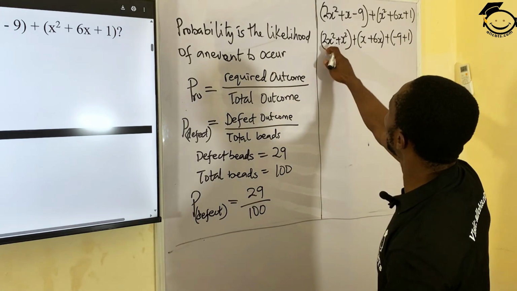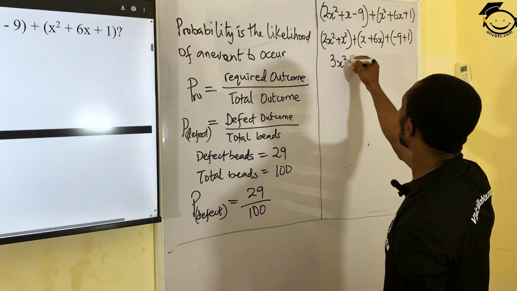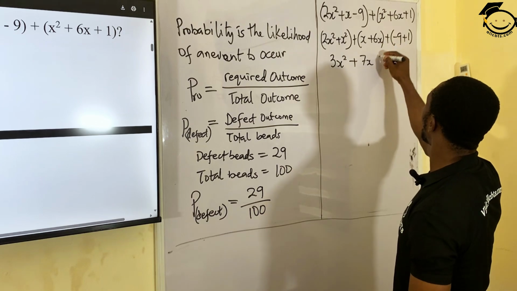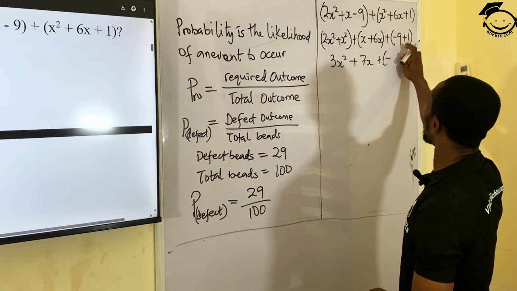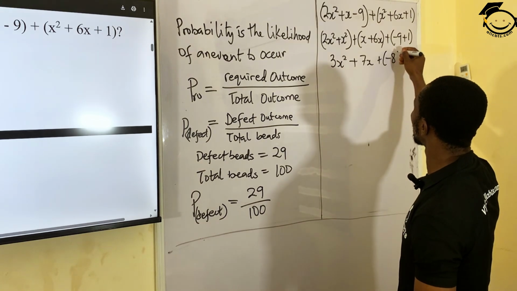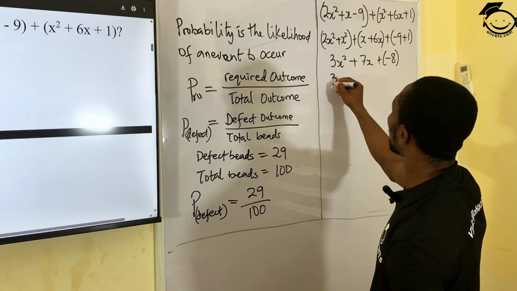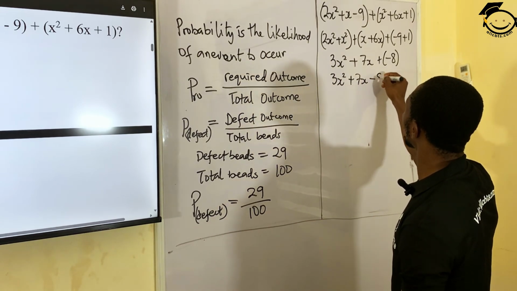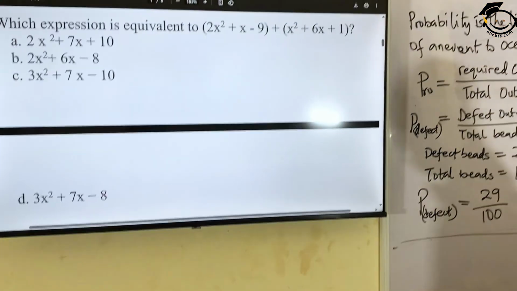Now, 2 plus 1 will give us 3x squared, plus 7x, and minus 9 plus 1 will give us minus 8. So this becomes 3x squared plus 7x minus 8, which is option D.